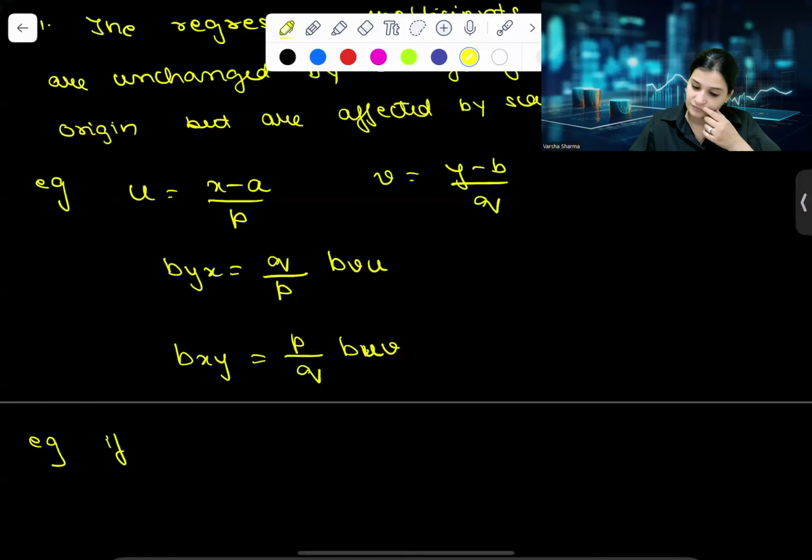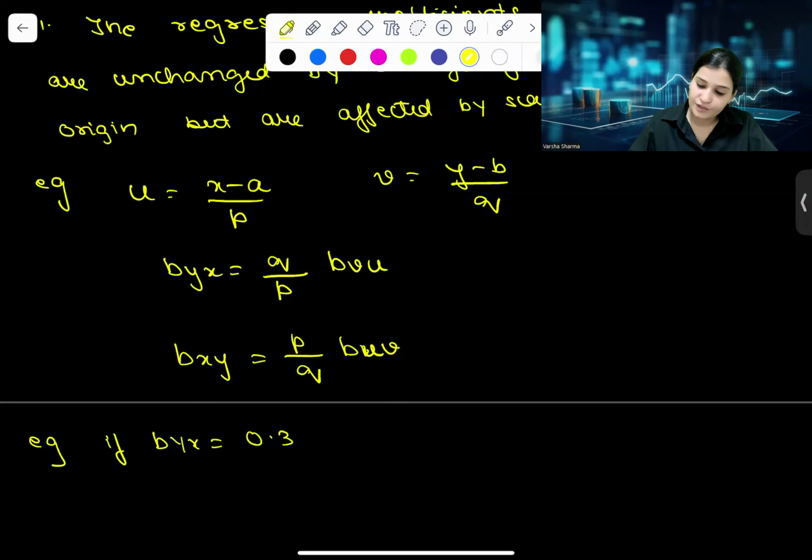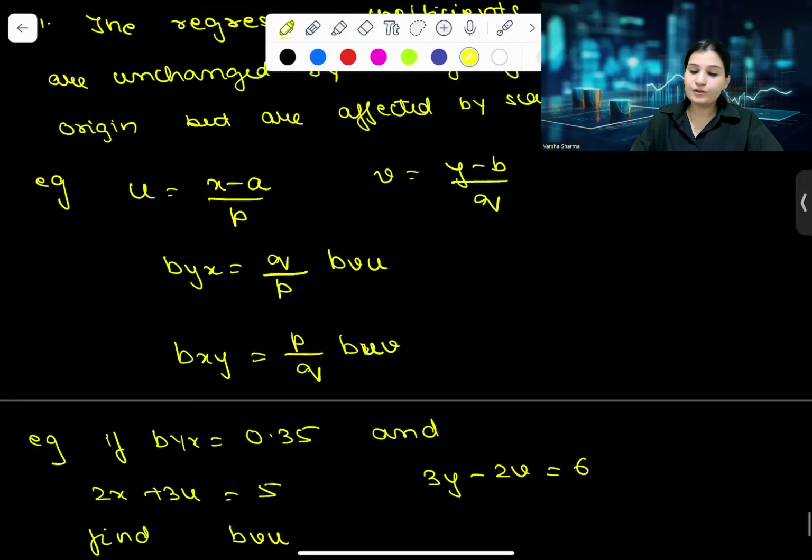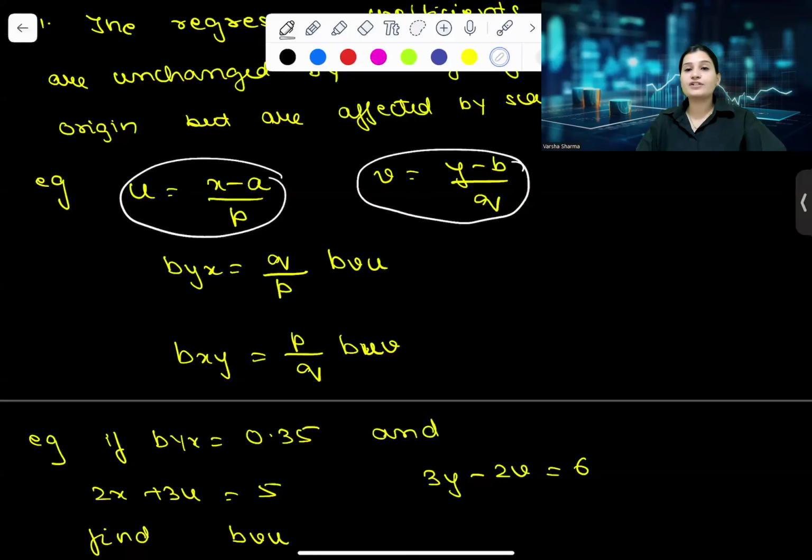For example, if byx is 0.35 and 2x plus 3u equals 5, 3y minus 2v equals 6. Find bvu. So what we need to do is first write u and v in this form where the coefficient of x and y is 1.